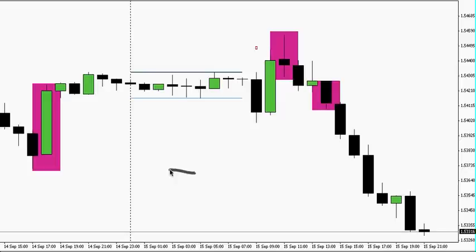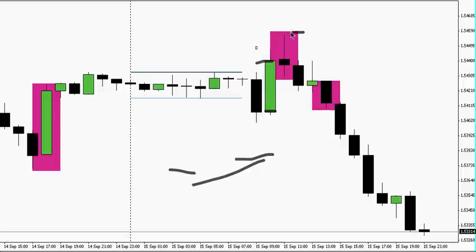Okay, so now I'm going to just explain the reverse trade. Let's imagine that we didn't have this long trade here.